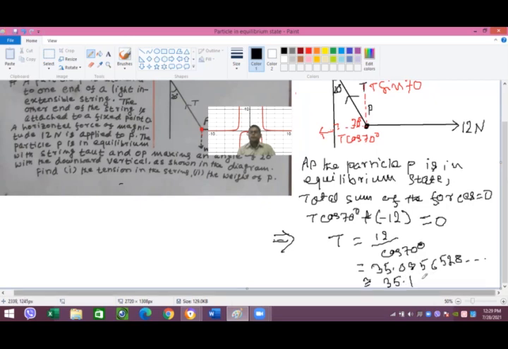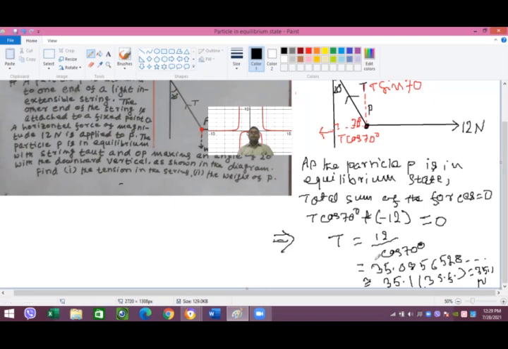If you round this up to three significant figures, correct to three significant figures, then the force in this case is now 35.1 Newton. So don't forget to write the unit of the force.